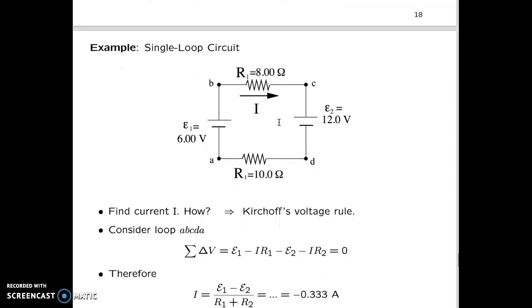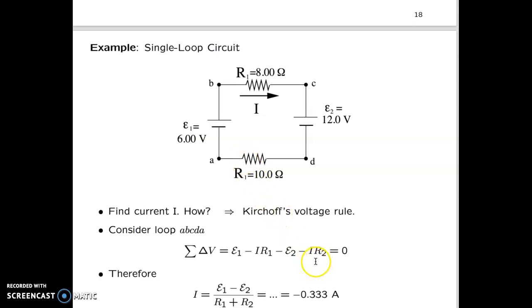Okay? So next I go from C to D, and I notice I'm walking downhill in potential. So I go negative E2 here. Negative E2 will be negative 12 volts. And continuing, finally, going from D to A, I'm walking across a resistor.